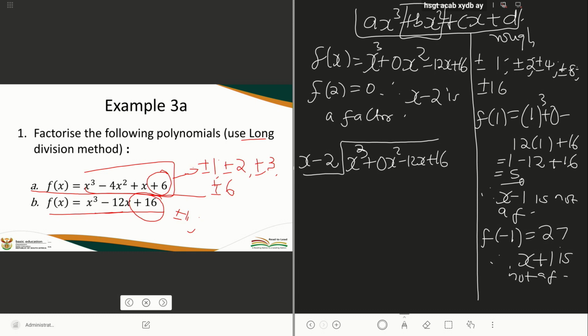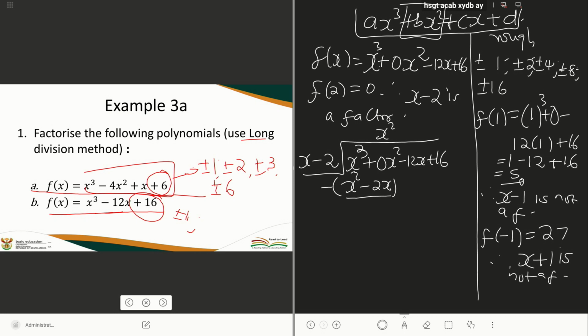So x into x cubed, align your terms, is x squared. X squared multiplied by x is going to be x cubed. You see, you divide, now you're going to multiply after this. X squared multiplied by negative 2 is minus 2x squared. Can you see? You divide, you multiply, you subtract, you bring down the next term. So now you subtract the terms.